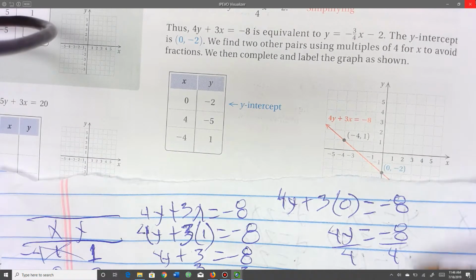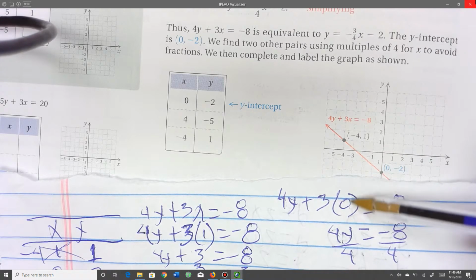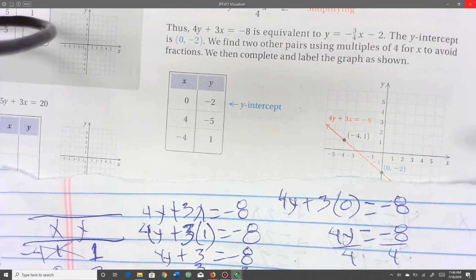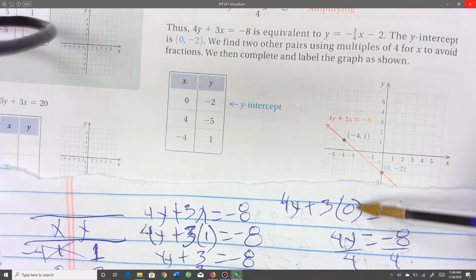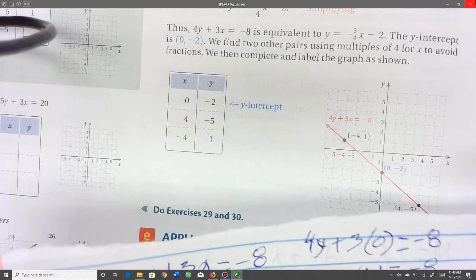That gives us y equals -2, because we already knew that any y-intercept has an x value of 0, okay? So those are 2 ways of getting the y-intercept: by graphing it, and by substituting 0 for x into your equation and solving for y.